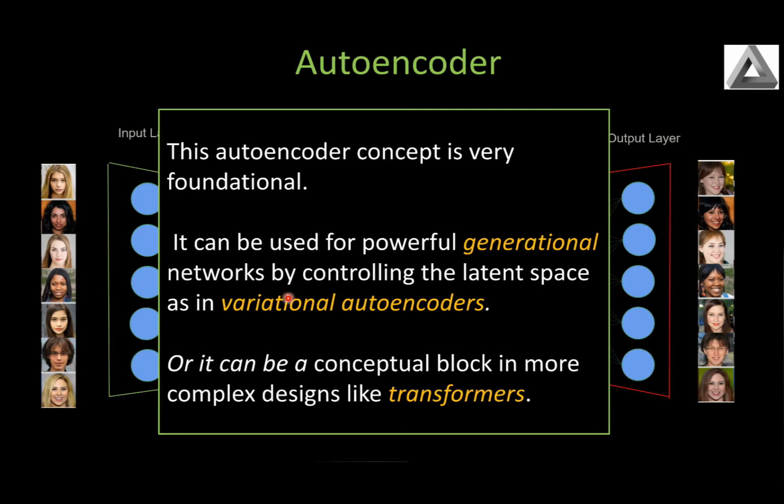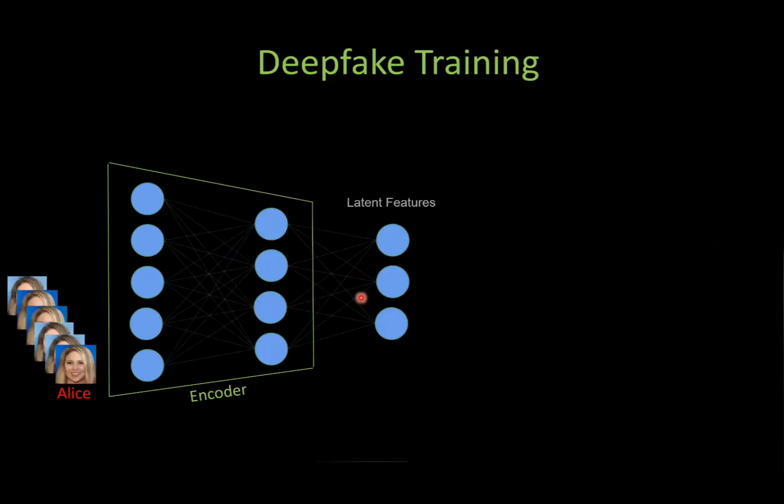We might actually end up with one of them being hair color, one of them being facial expression. We might actually end up with dials where we can say, I want to generate a picture of a smiling man wearing glasses with a mustache. And that indeed is an application that exists. I think it's the last one I'll talk about here, based on variational autoencoders. But at the moment, we're talking about deepfake training.